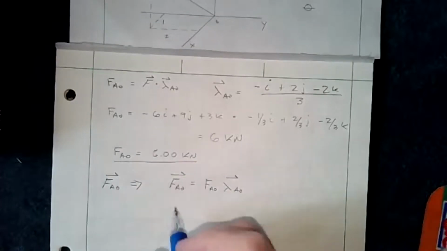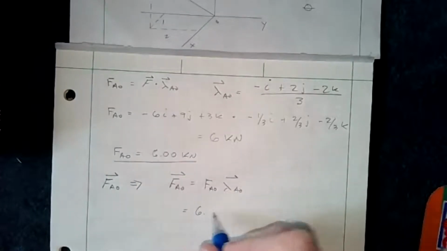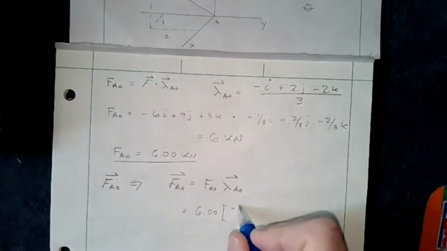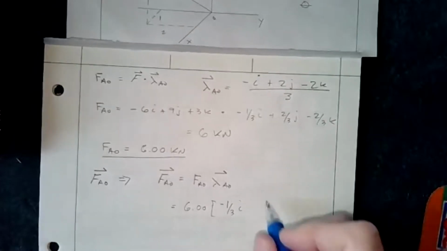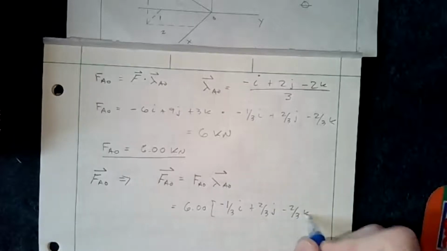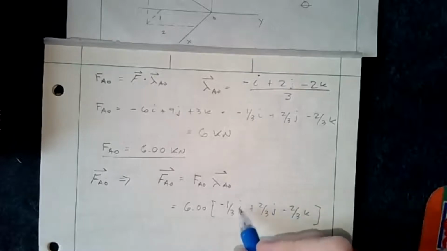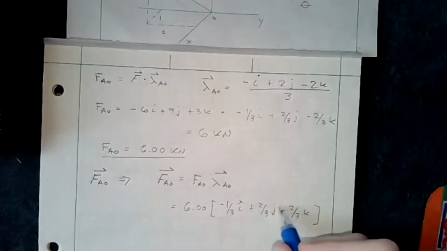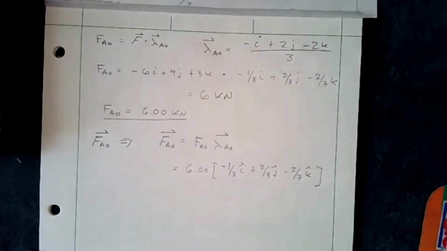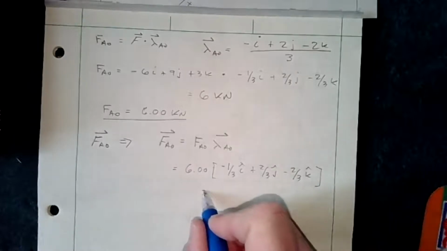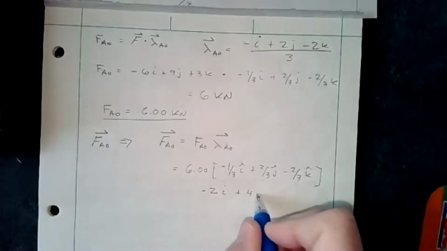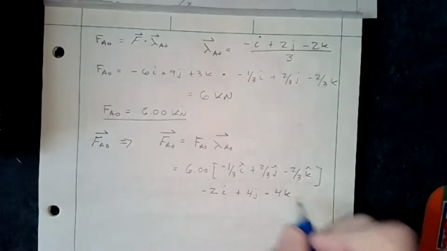And so that's going to be equal to 6.00 times minus 1/3 i plus 2/3 j minus 2/3 k. And I guess I should say i hat, j hat, k hat. Sometimes I don't do that, but technically it's a unit vector, so it should have that. So if we multiply through, what do we get? We get negative 2i plus 4j minus 4k.